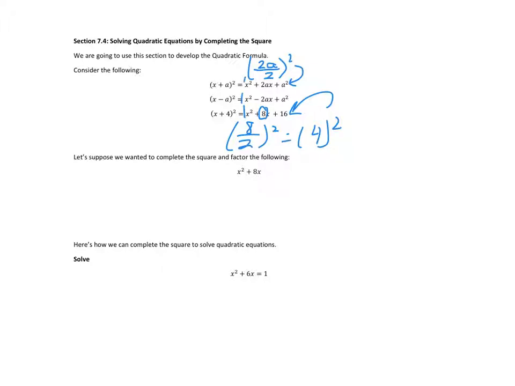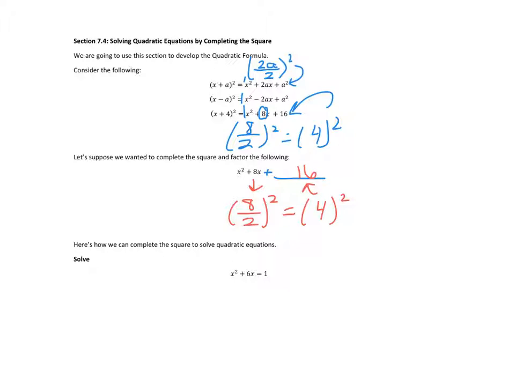This is how we're going to complete the square. Let's say we had x squared plus 8x, and we wanted to figure out the constant we need to complete the square. We take that middle term, always divide it by 2, always square it. So 4 squared is 16.